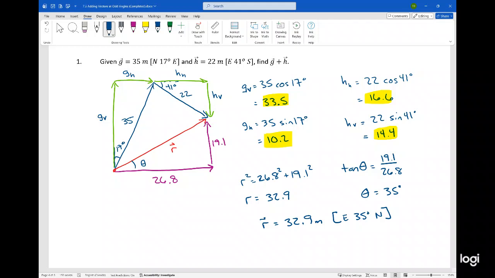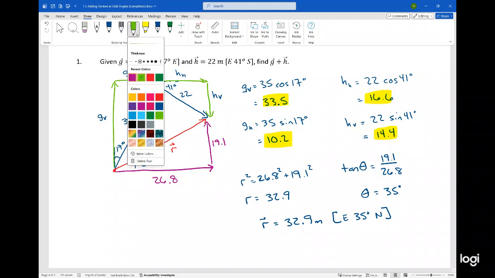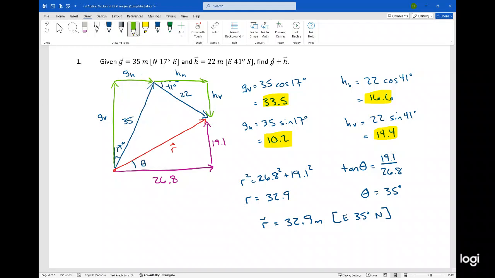And I want you to notice that I could have actually, I'm going to make a mess here, but I'll do it anyway. I could have drawn the first vector this way and the second one that way, and then gone down and over. The only problem with that is that I start crossing lines all over the place and it starts making a big mess.